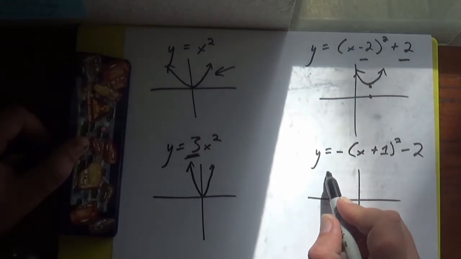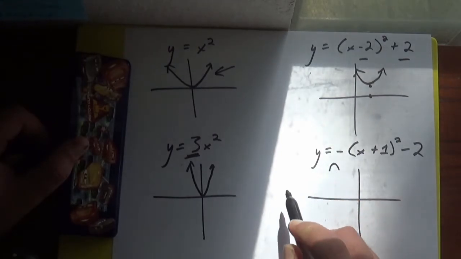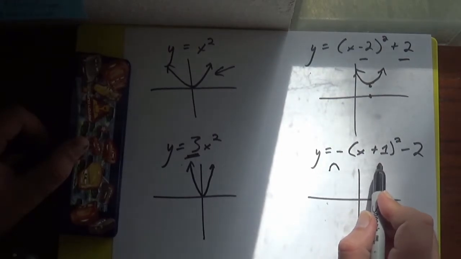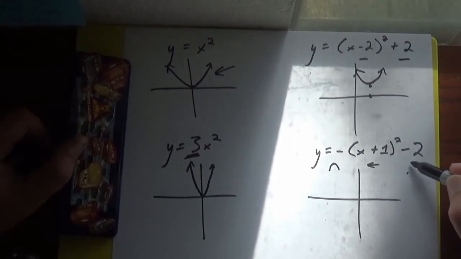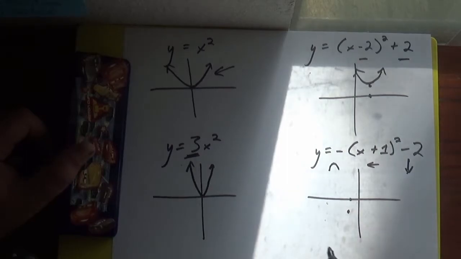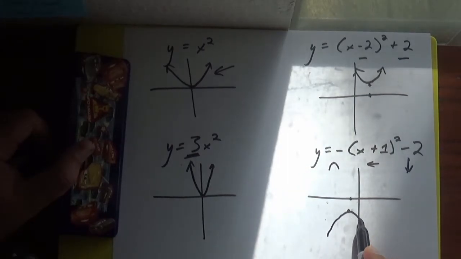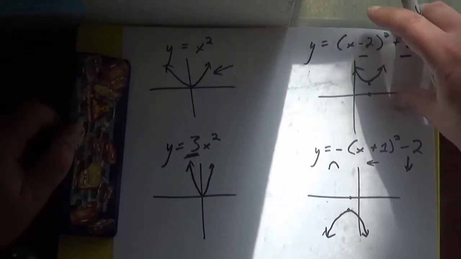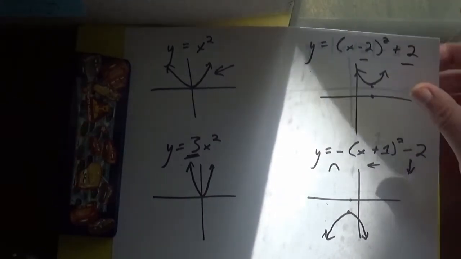Now this negative means it's going to point down, like that. This means we go left 1, and we go down 2. So left 1, down 2, and it's pointing this way instead. It's not too bad, you just have to remember what each of the things do.